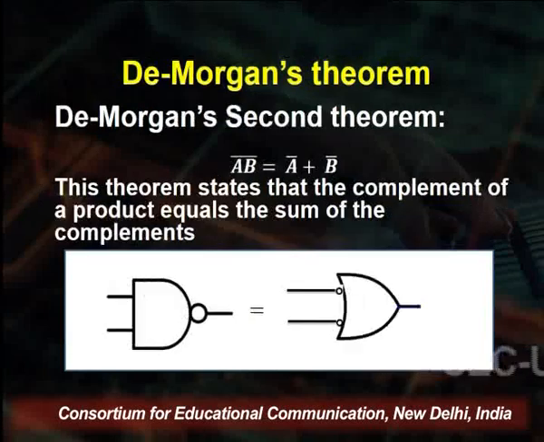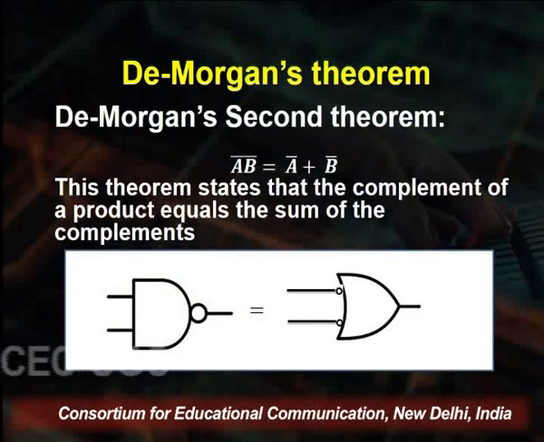Likewise, the second theorem states that the functioning of a NAND gate can be simulated by a bubbled OR gate. In this case, we have (AB) whole complement as equivalent to A complement plus B complement.